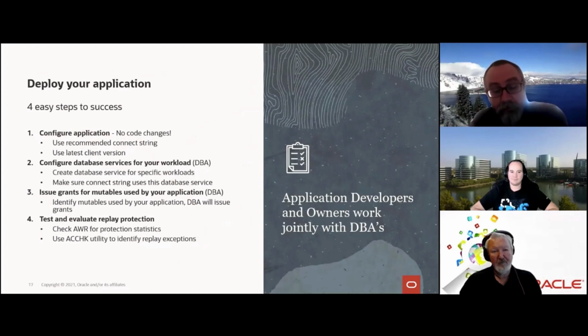Also want to use the latest client version, whether it's Java JAR, JDBC JAR files or whatever, or ODBC libraries, OCI libraries. Let me step back here. Four easy steps to success. You can do it with just configuration changes. Configure your application first. No code changes again. Cannot emphasize that enough.